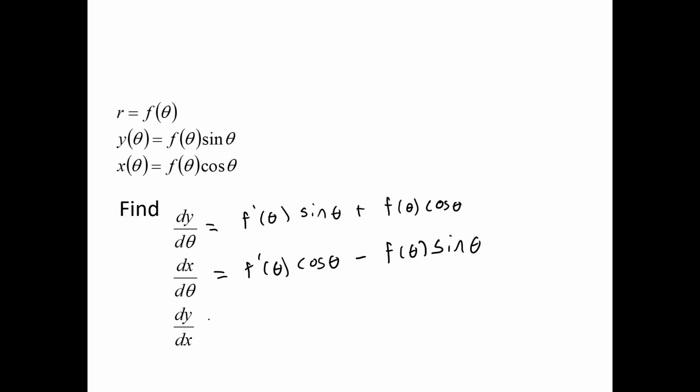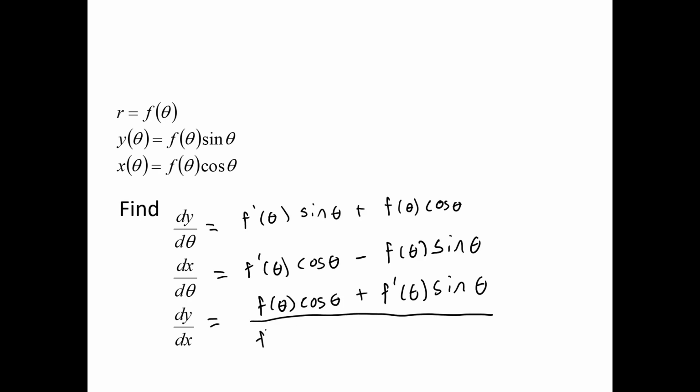And so then dy/dx is f of theta cosine of theta plus f prime of theta sine of theta, all divided by f prime of theta cosine of theta.